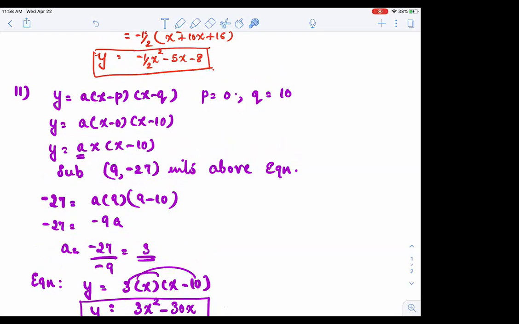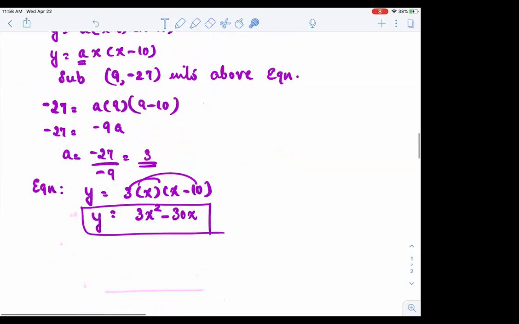You're substituting the x and y into this equation and found what a is, which is 3. Once you get the a, put it back into the equation. And then you just have to do one more step because you're asked to find the equation in the standard form. So nothing other than just expanding, that's it. And you got the equation. Good?